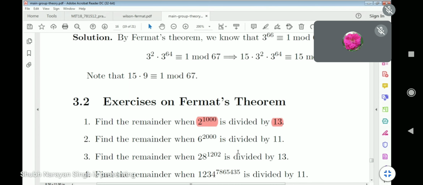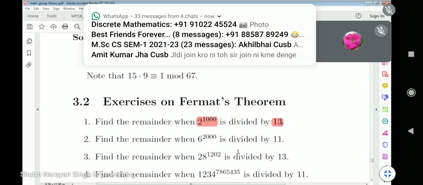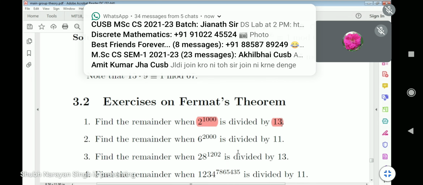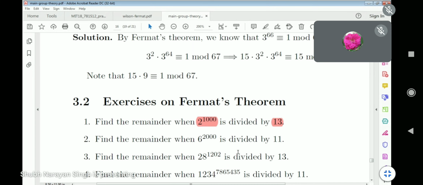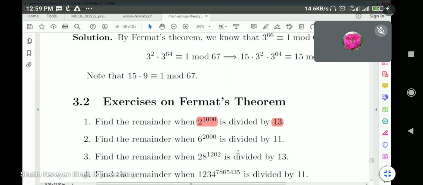Whatever you write, post it on the common WhatsApp group so that I can also cross check, and many of you also can see your solution and comment on that. You should not worry about the correctness of your solution. If you're trying, please post your solution on the common WhatsApp group.